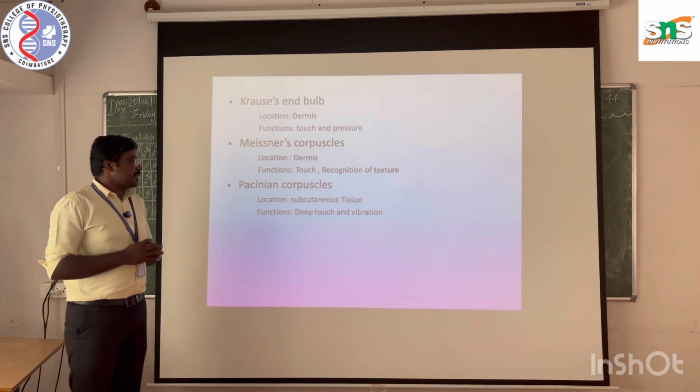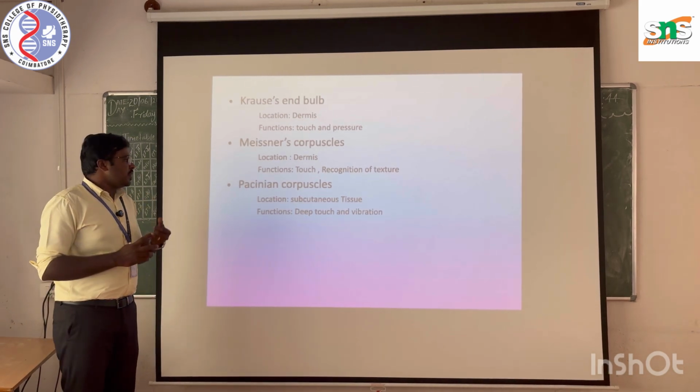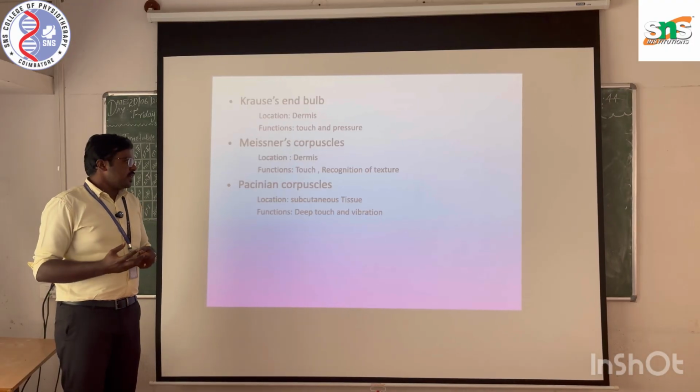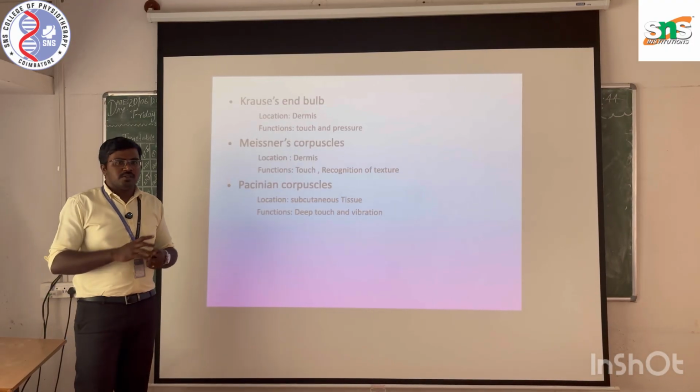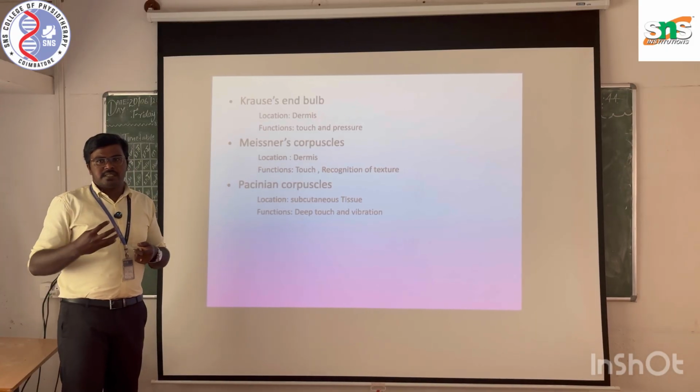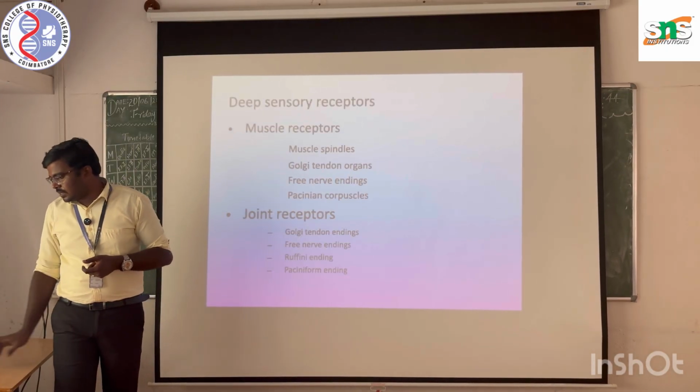And last is Pacinian corpuscles, located at the subcutaneous tissues, with the function of deep touch and vibration. So these are the mechanoreceptors that carry sensation to the brain centers.